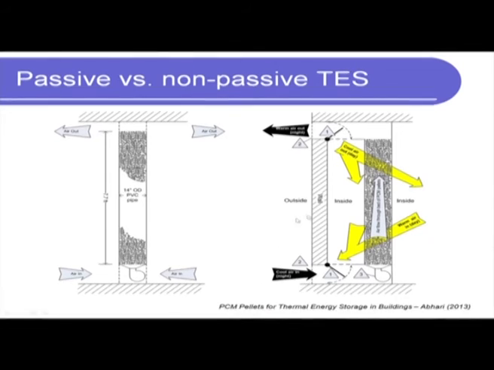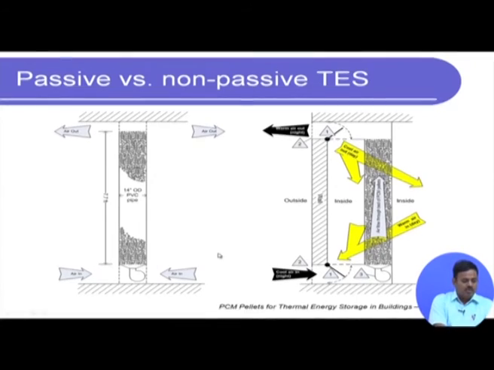So, this is, for example, the outside wall, then you have these pillars, and then you have the inside of the room. During the night time the cold air comes in and actually flows through the PCM, and the warm air goes out during night, clear. And during the daytime the cool air comes in and goes out in this manner. Okay. So, this is the inside.